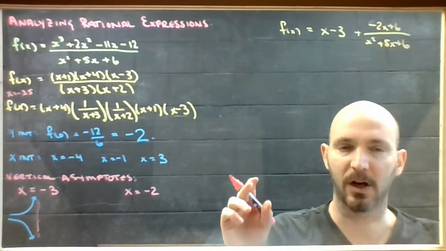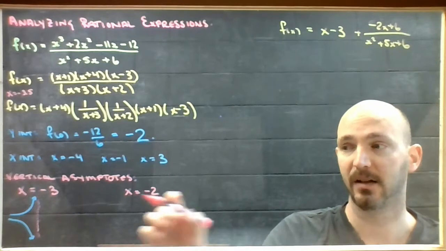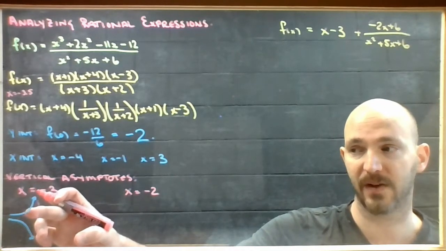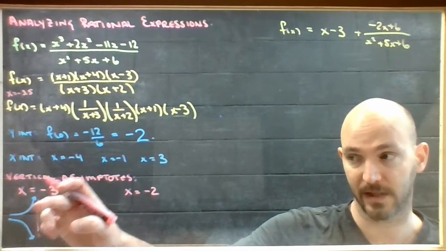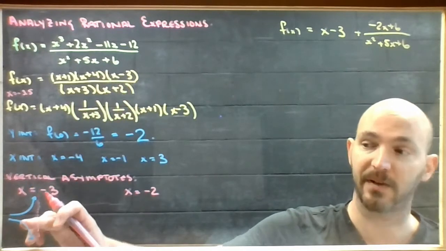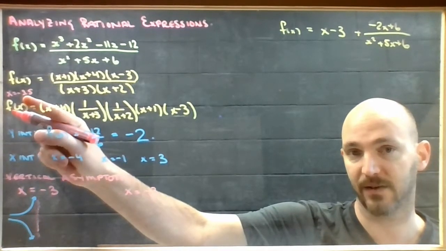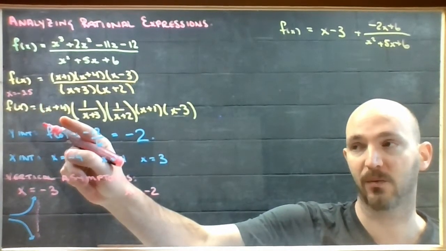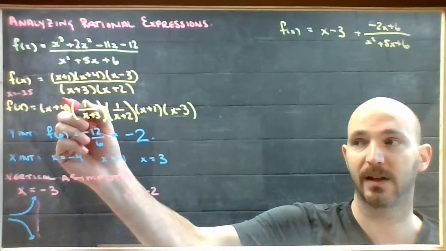Now, I'm not going to actually do the calculations. I'm just going to hunt for the sign, because all I care about is whether these values are positive or negative. If they're positive, then I zip upwards. If it's negative, I have to be zipping downwards. So if I put this x, negative 3.5, into a bracket where you add 4, minus 3.5 plus 4, it's going to be positive.